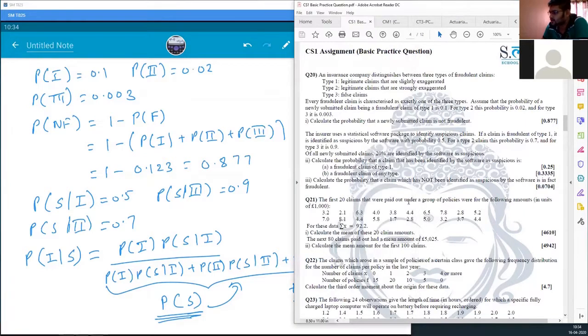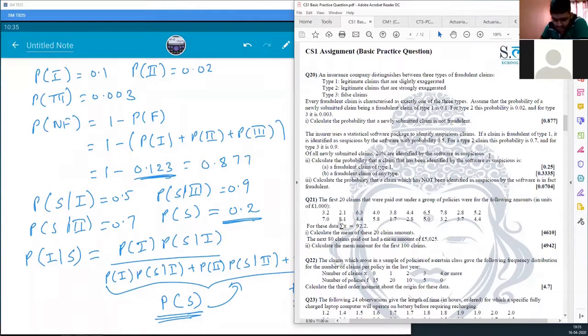Okay. And here this term is given: for all newly submitted claims, 20% are identified by the software as suspicious. So the given probability of being suspicious is 0.2. So there are some non-fraudulent claims that are suspicious. You can clearly see the total fraudulent claims are 0.123, so even if 12% were fraudulent, in total 20% are coming as suspicious, so there must be some non-fraudulent claims that are still suspicious.